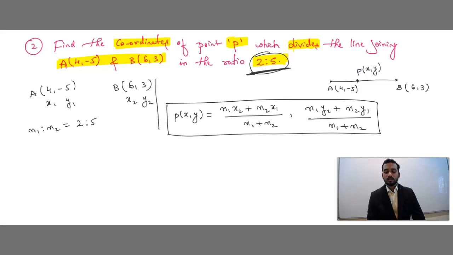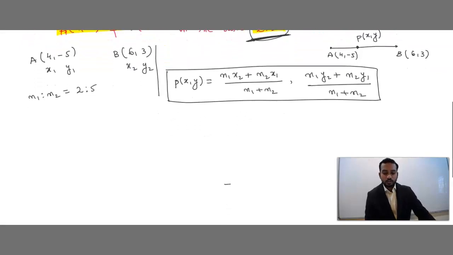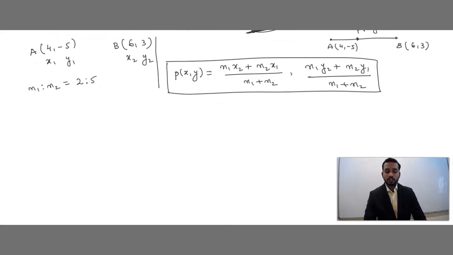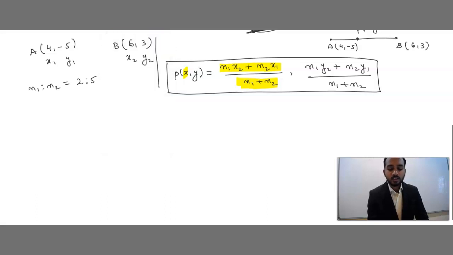Now see children, this is nothing but x, so these all values are x coordinates. Similarly, this is y, so these all are y coordinates.